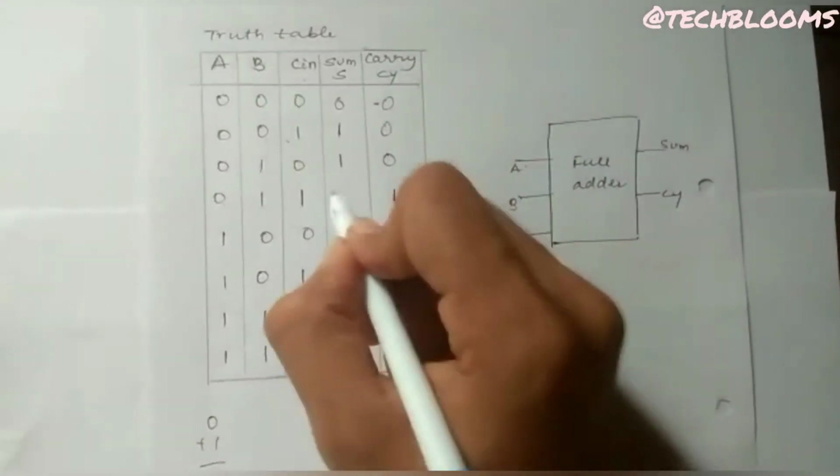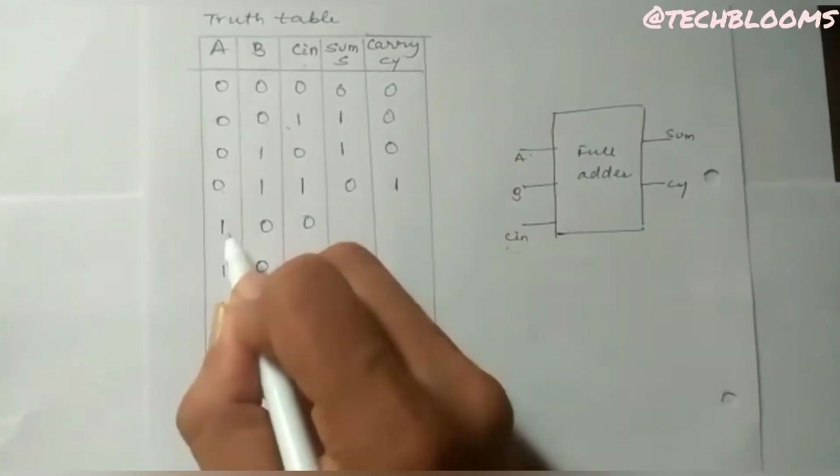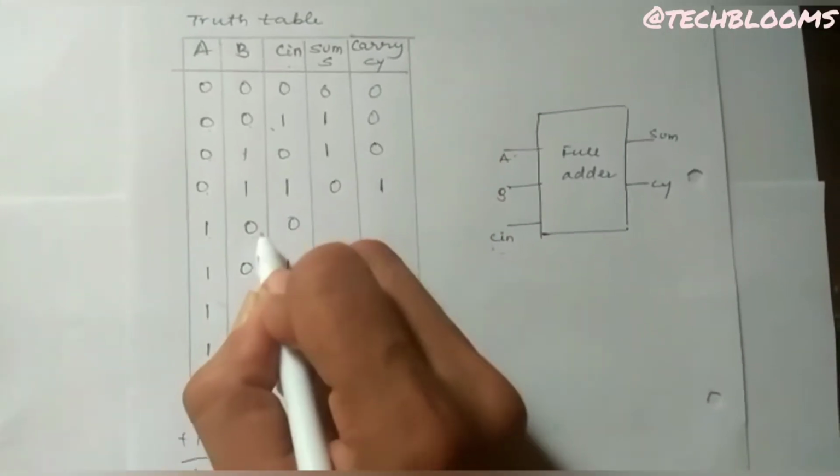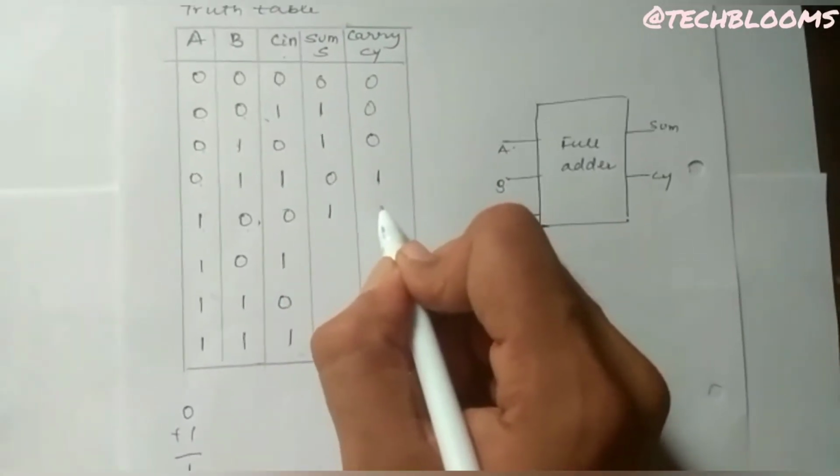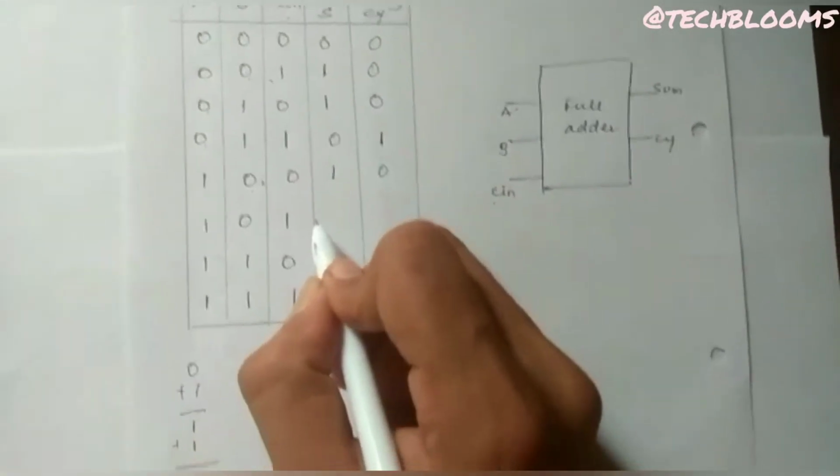So we write carry here and 0 here. 1 plus 0 is 1, plus 0, sum will be 1 and carry will be 0.